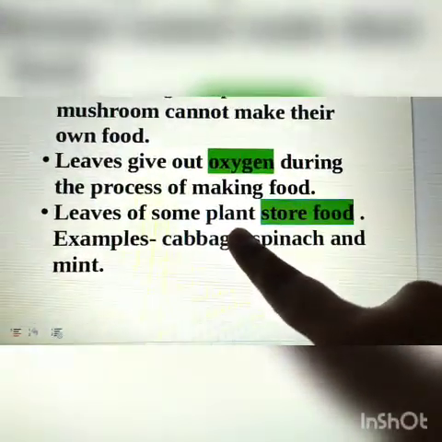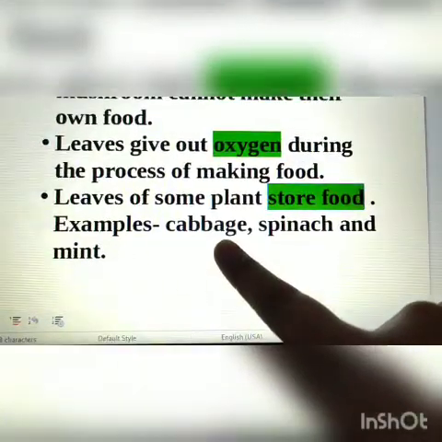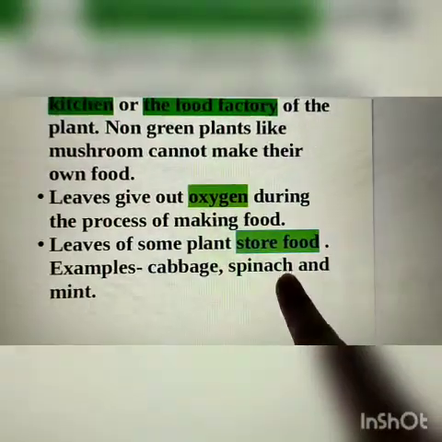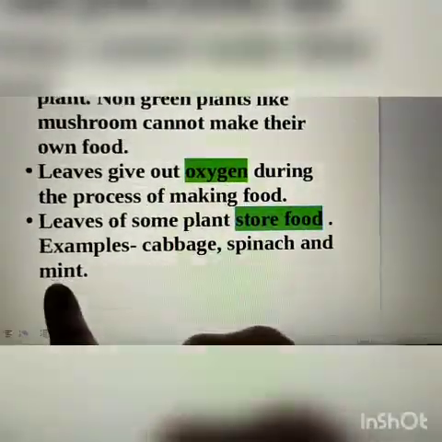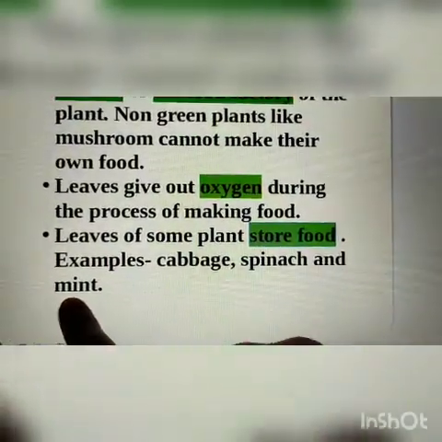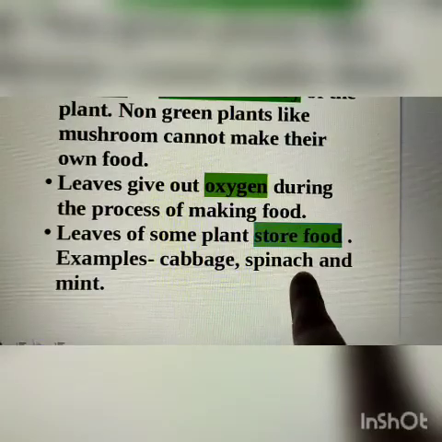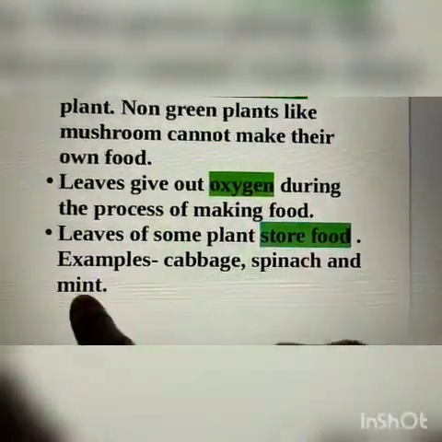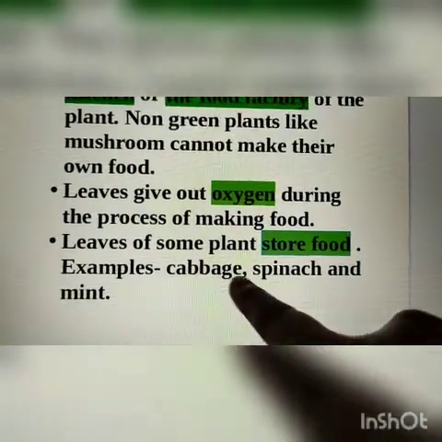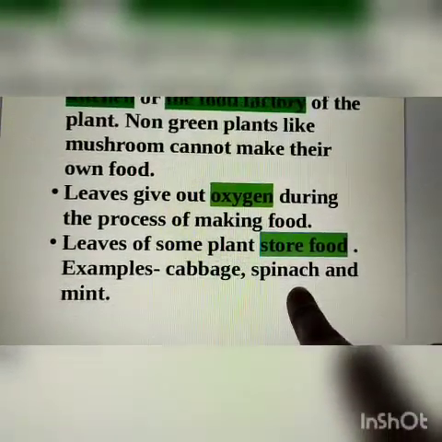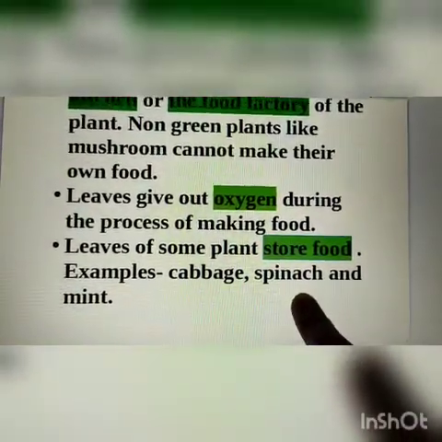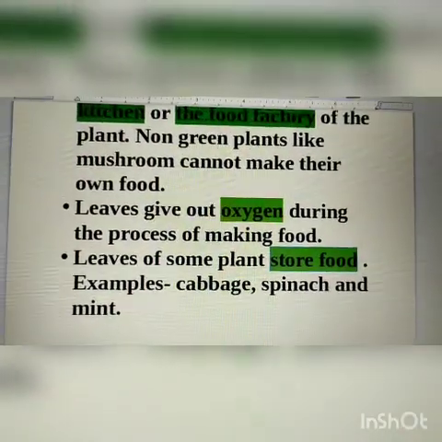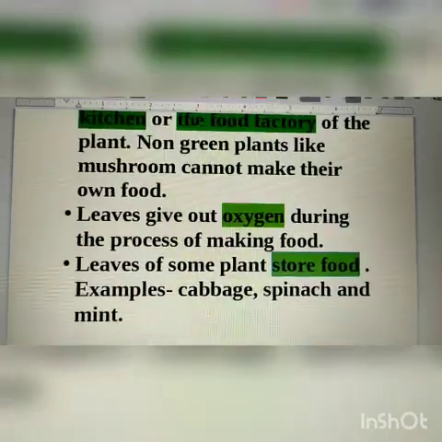For example, cabbage, spinach and mint. We eat these leaves. So these leaves are edible. Edible means we can eat these leaves. So, these are the functions of a leaf.